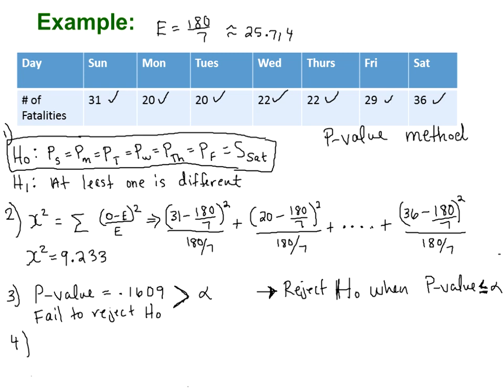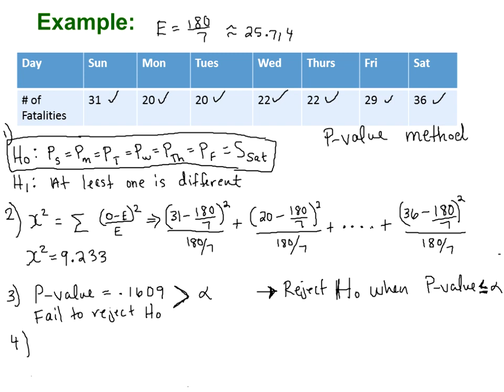We are using sample data to make predictions about our population, so you have to go through a formal hypothesis test. In this case, the evidence we have is not strong enough to reject the null hypothesis.